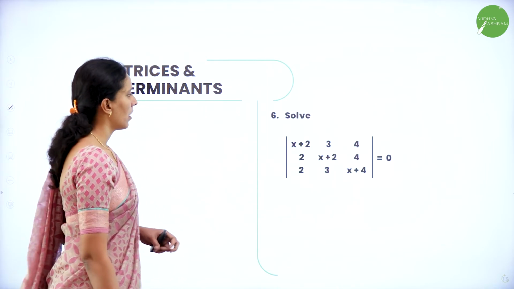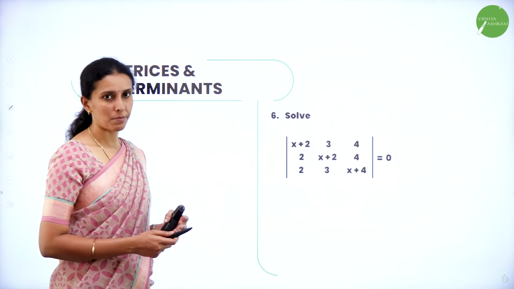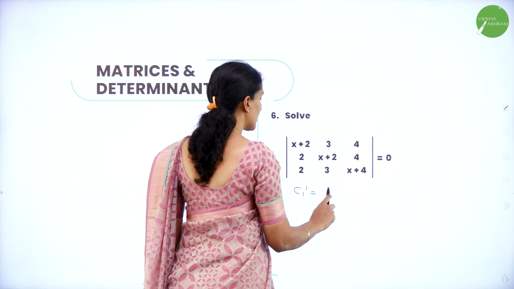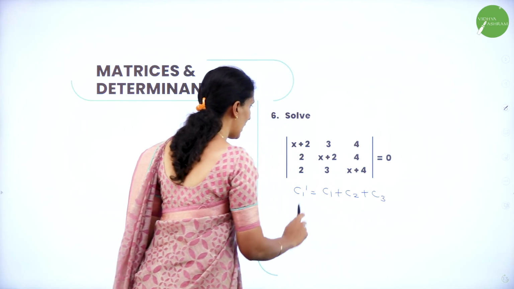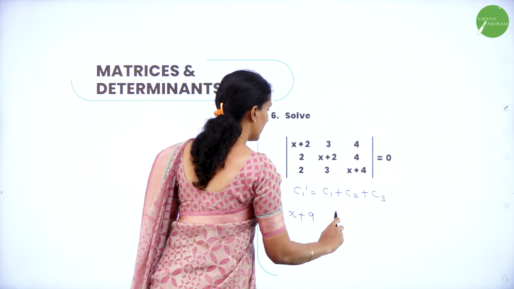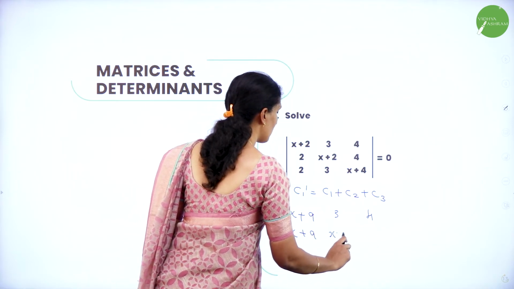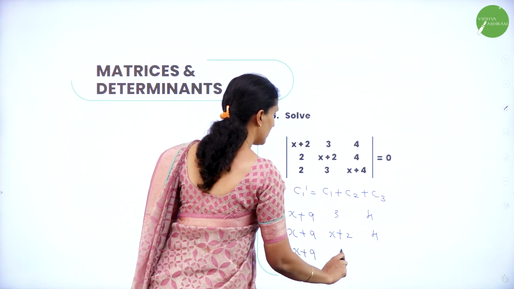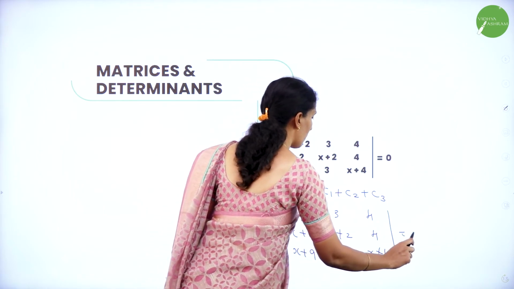Next, x plus 2, 3, 4, 2, x plus 2, 4, 2, 3, x plus 4 is equal to 0. Same, so let me take column 1 as the sum of all the columns. Then I will get x plus 9, 3, 4; x plus 9, x plus 2, 4; x plus 9, 3, x plus 4 is equal to 0.